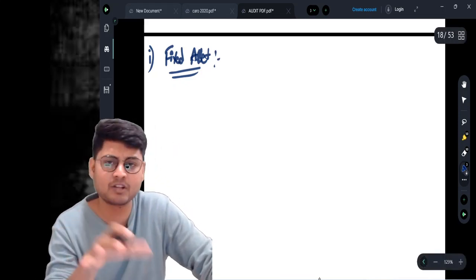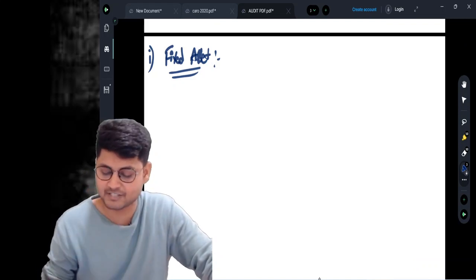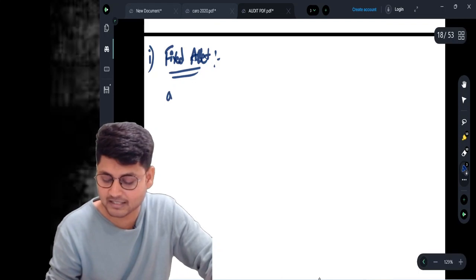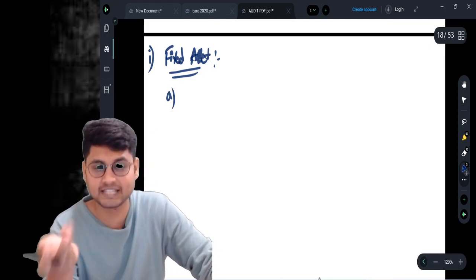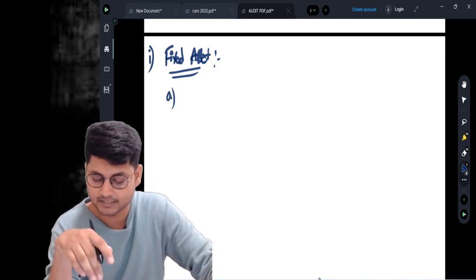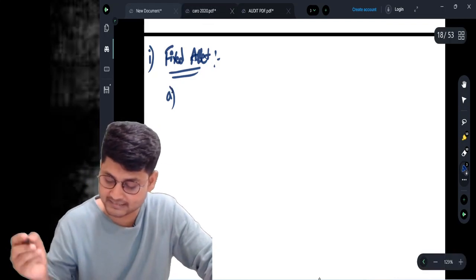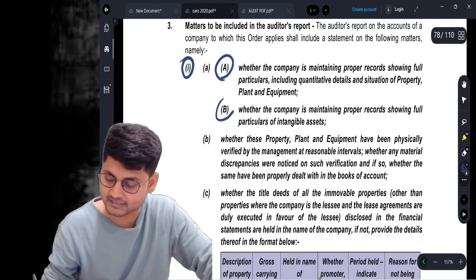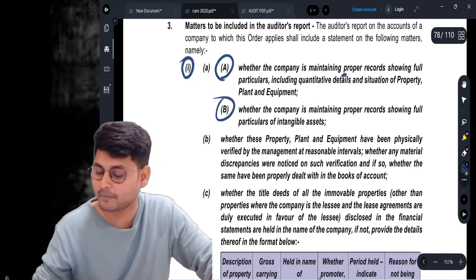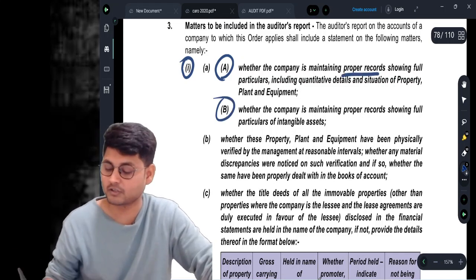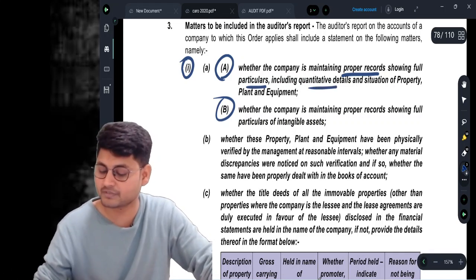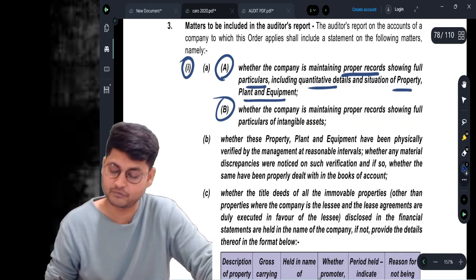Either it can be tangible or intangible. There are 5 clauses, starting from A, B, C, D, E. So clause A, what is it saying? It is divided into 2 parts. Whether the company is maintaining proper records showing full particulars, including quantitative details and situation of the property, plant and equipment.